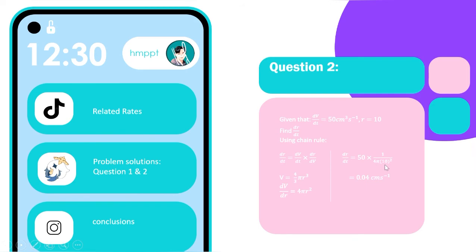The reason why we flip this value is because the value that we got here is actually dV over dr, and the value that we need in this equation is dr over dV. So after we calculate these values, the final answer that we will get is 0.04 centimeter over second. So this is the final answer for question number 2.